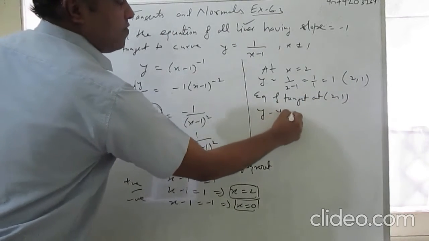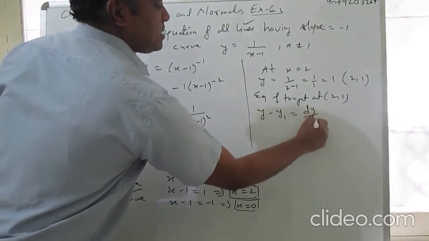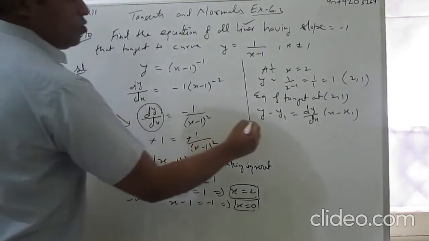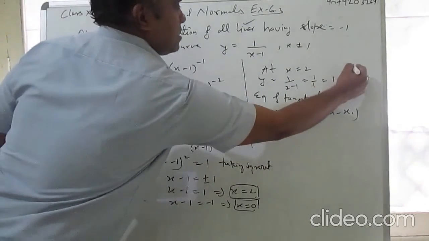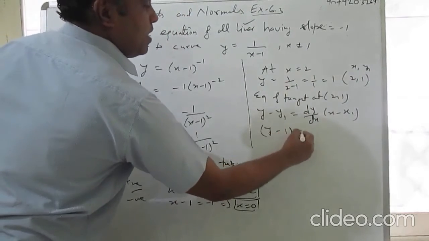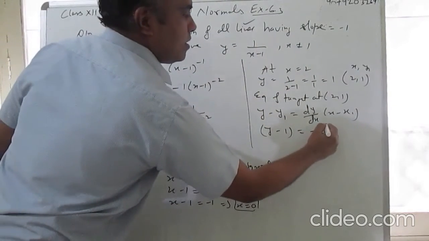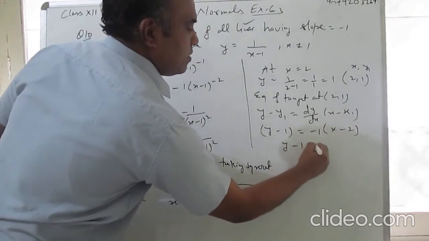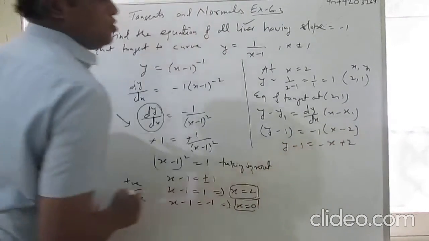Y minus y1 is dy by dx times x minus x1. So y, this is x1 y1, so y1 is 1, dy by dx is -1, x minus 2. So y minus 1 is equal to minus x plus 2.